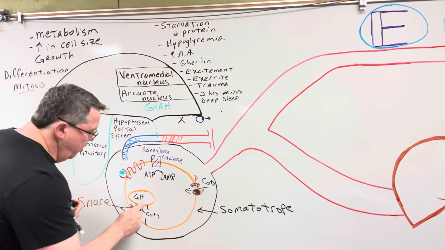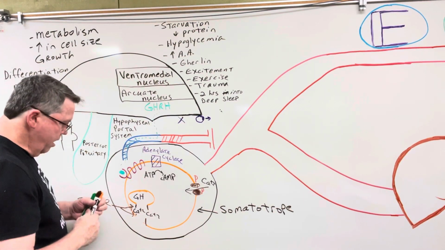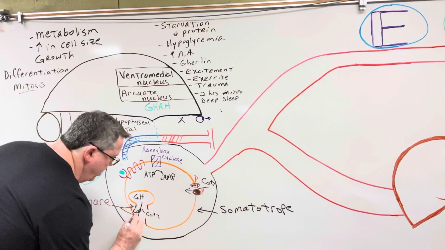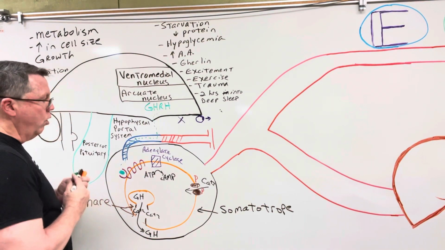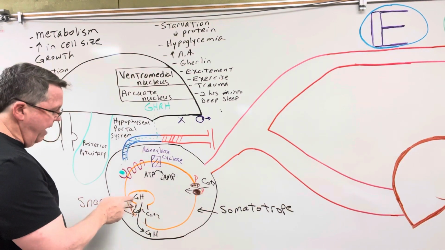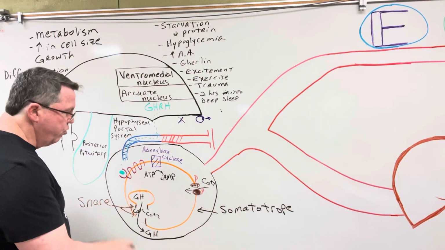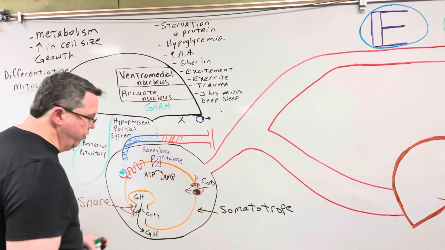And what that will do is this will actually bond with the membrane, all right? But it's going to cause the release of growth hormone. Okay, that's the short-term effect of growth hormone releasing hormone. It's the fact that we're going to have this growth hormone secreted or released by the somatotrope. Okay, that's the short-term effect.